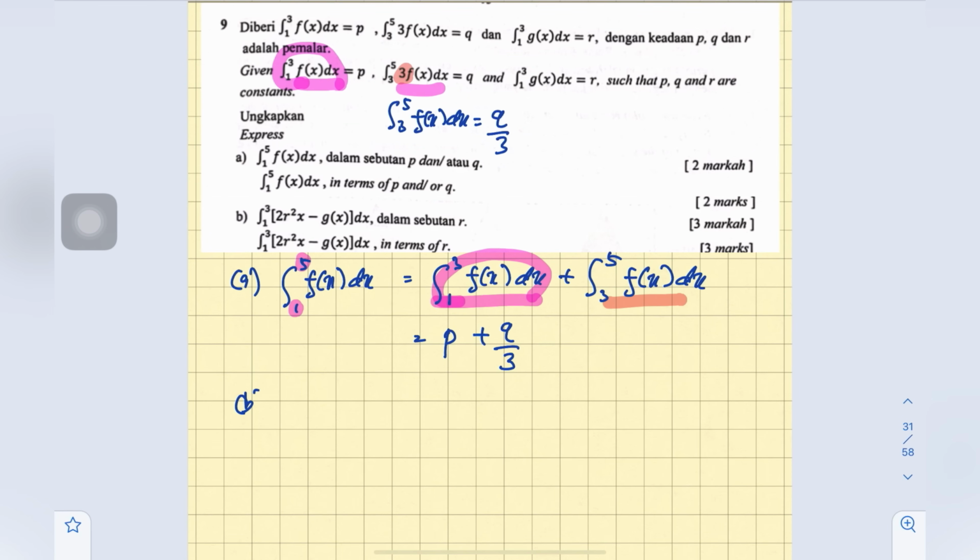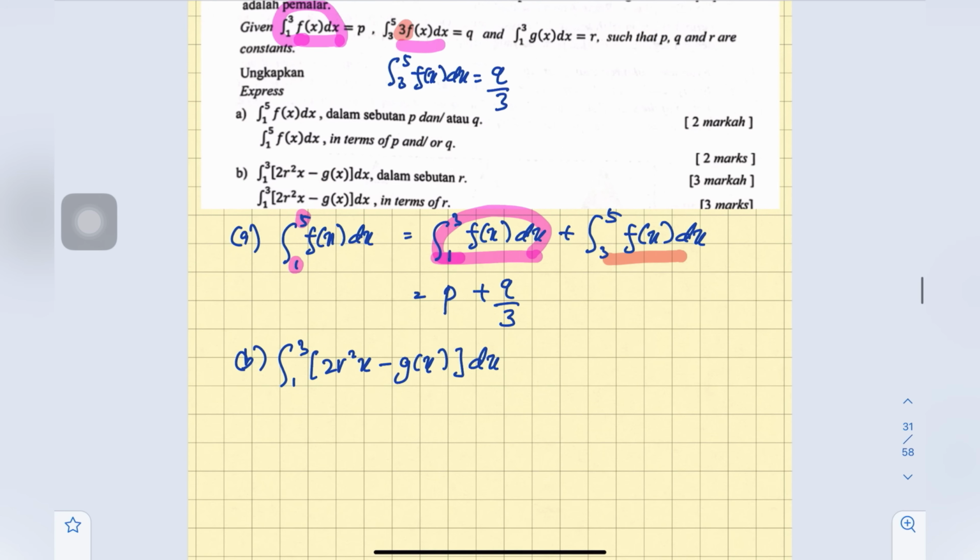Okay, B, we are going to find the integral from 1 to 3 of 2r squared x minus g(x) dx. Same, first of all, we need to separate. So we get integral from 1 to 3 of 2r squared x dx minus integral from 1 to 3 of g(x) dx.